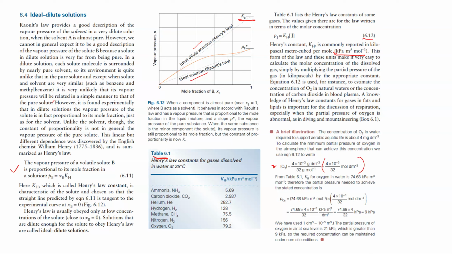The partial pressure of oxygen is going to equal K sub H of oxygen at 79.2 kilopascals meter cubed per mole, which is what we see here, times the concentration of oxygen, which is the term that we developed above, and that will give us our final value.